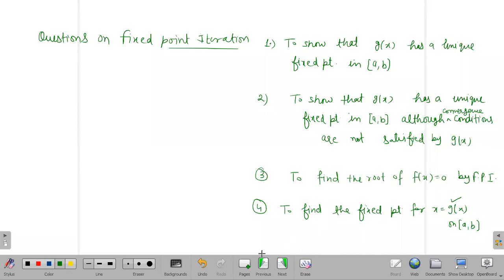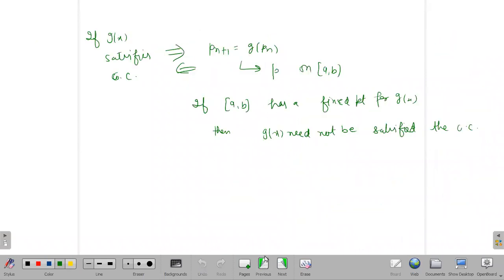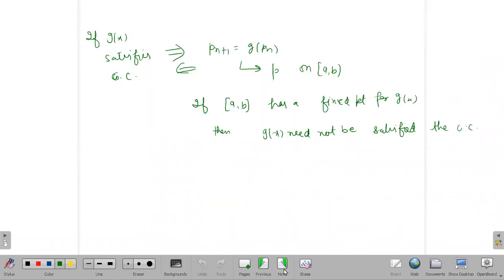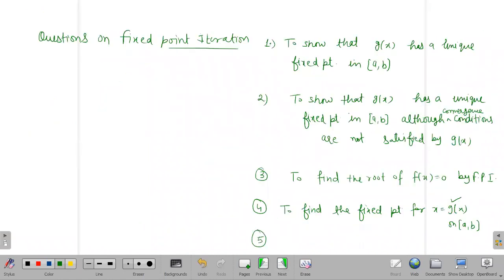Also there are some other types also, like in example star, this type. So our fixed point iteration is over here.